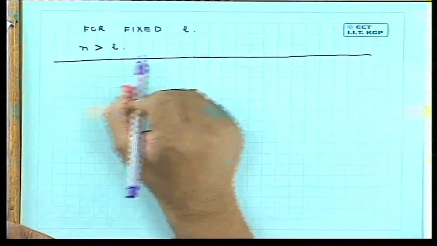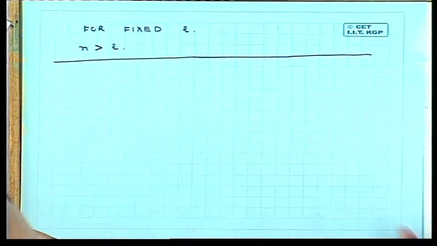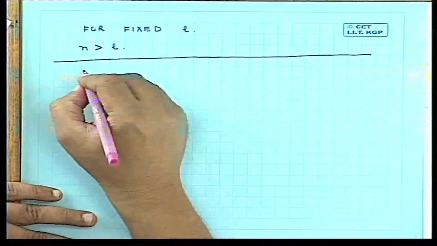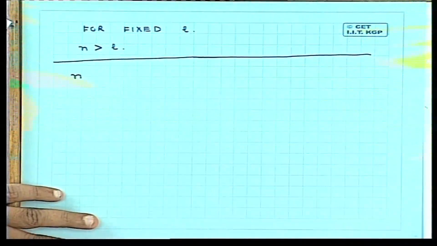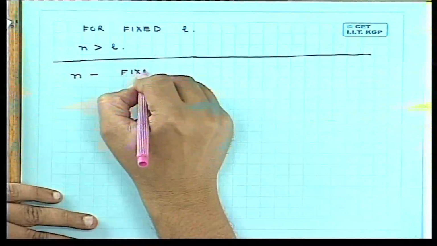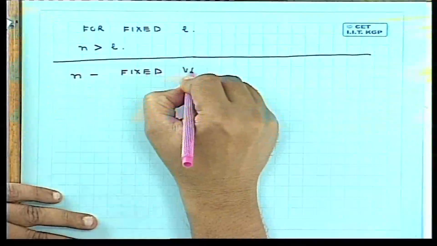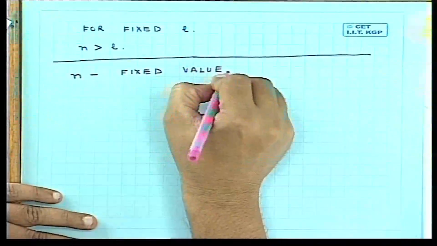So instead of using capital N and L as the quantum numbers to specify the state of the hydrogen atom, it is convenient to use this small n as a quantum number. Suppose I fix the value of n, then the energy level is fixed.